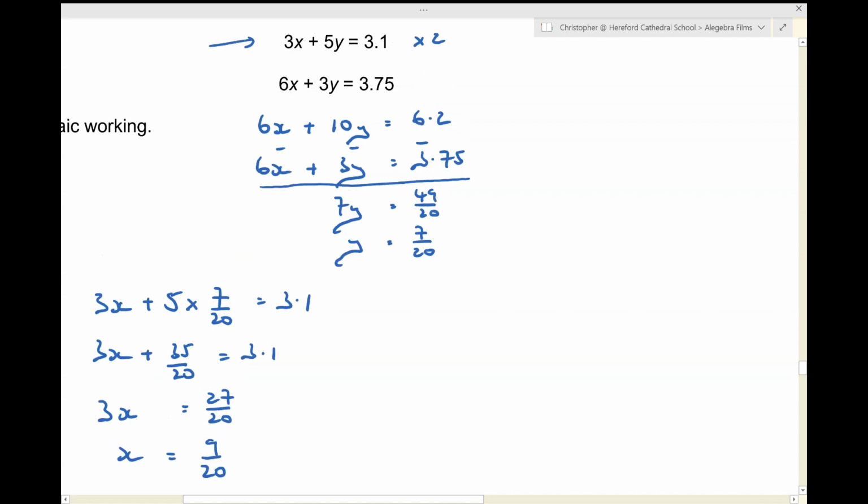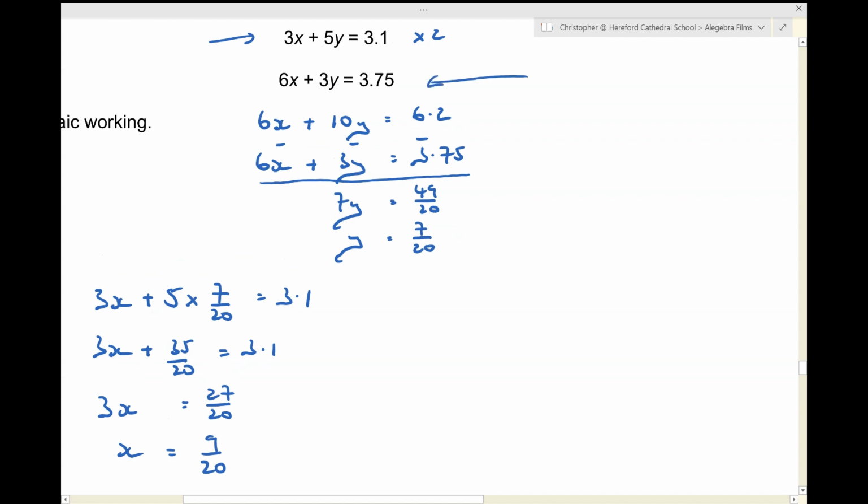Let's substitute that value of x now into this second equation. Sorry, that value of y, the same value of y, this value of y. So 6x plus 3 times 7 over 20 equals 3.75. 6x plus 21 over 20 equals 3.75.